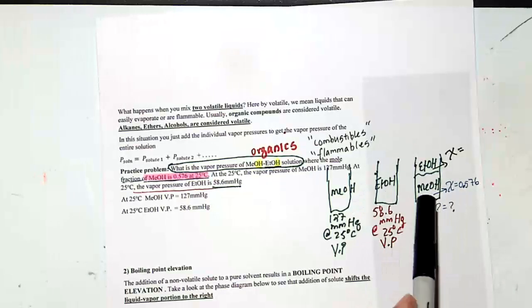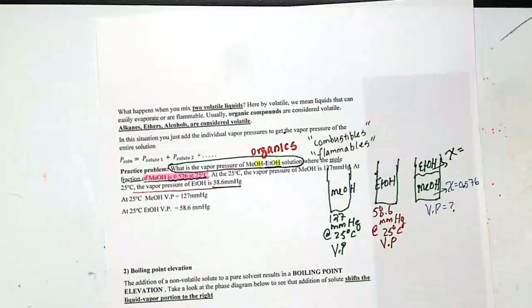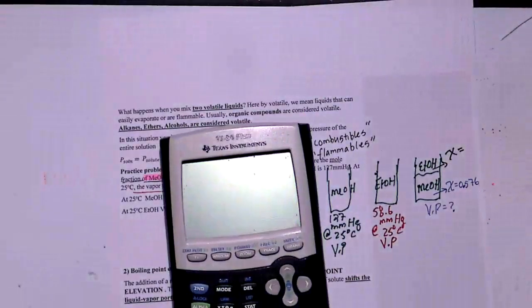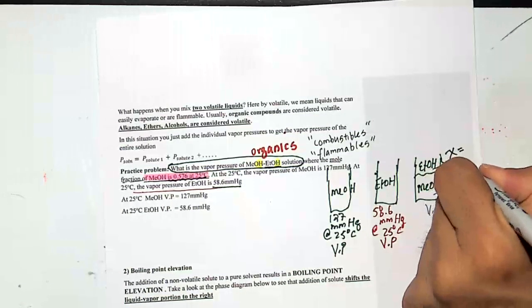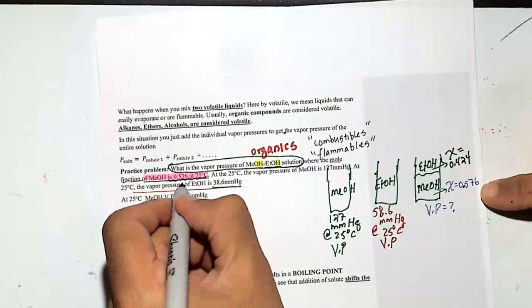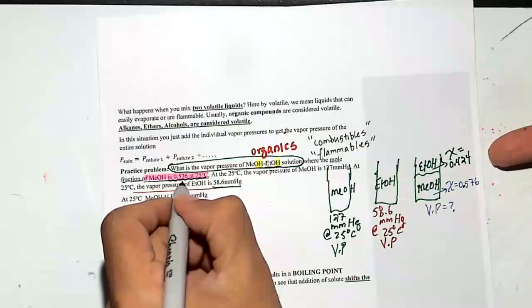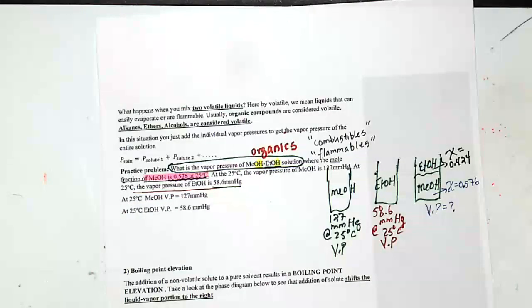So what's 1 minus 0.576? 0.424. Right. We got that because if the mole fraction of methanol is 0.576, then automatically the mole fraction of ethanol in this methanol-ethanol solution has to be 0.424. They have to add up to 1.